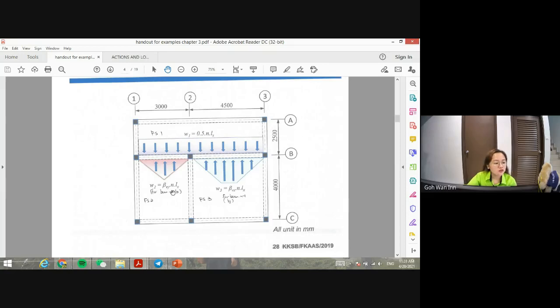Okay, so for this part, because here you need to calculate the slab. This is 2 different slabs. So you need to calculate slab according to this area, slab according to this area. You cannot combine Fs2 and Fs3 as one area because here you have a beam. Cannot. Okay. So here you will distribute.